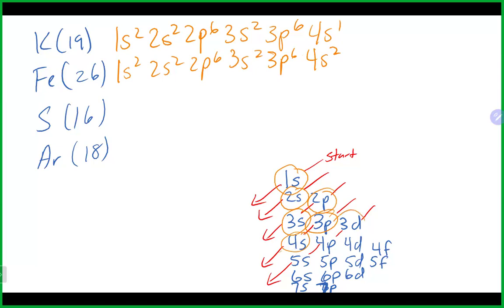Now we come back to our d, and we need 26, so that would be 3d6 in this case. Remember it is the 4s, and then we come back to the 3d, and that is the proper order. It is incorrect if you write 3d6 4s2, because we are doing it based on filling order, and this is the proper filling order.